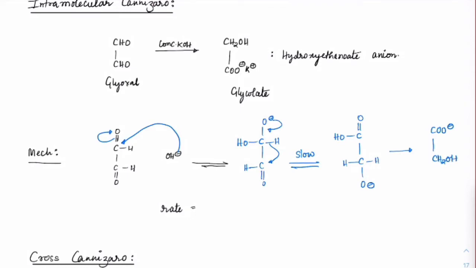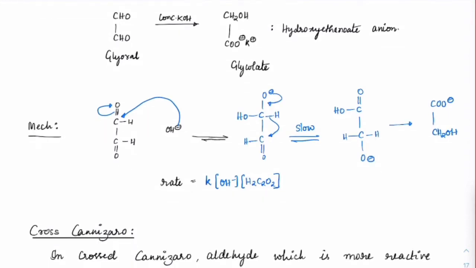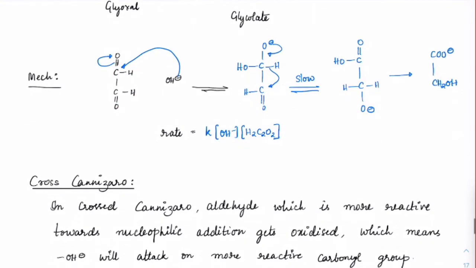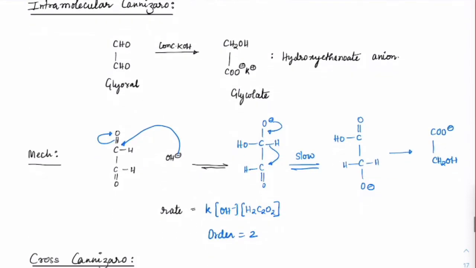This is what we will get. Okay. The rate would be constant into OH minus concentration multiplied by H2C2O2 concentration. Because it is intramolecular, there are not two molecules involved, the reaction is taking place within one molecule only. So the order of the reaction is 2 here. Okay. So this is what happens in intramolecular Cannizzaro.